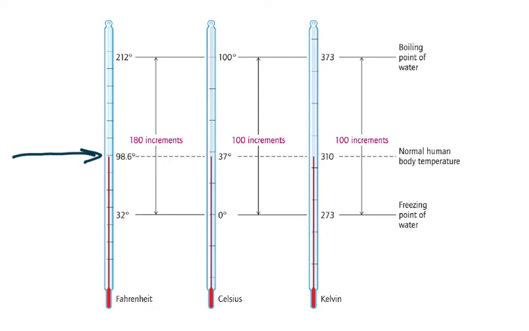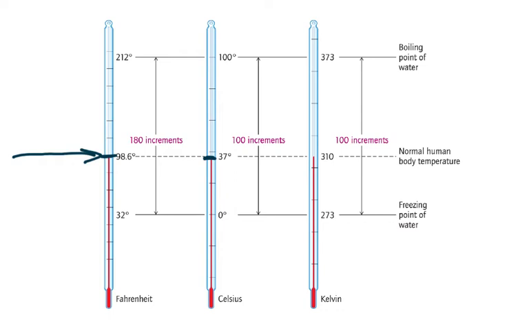And we can see that we saw this before, 98.6 degrees Fahrenheit would equal 37 degrees Celsius, and it would equal 310 Kelvin.